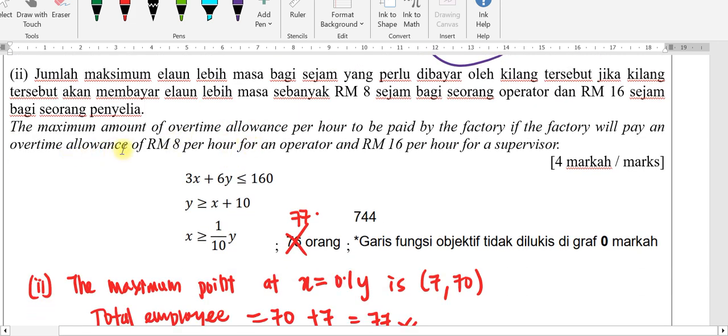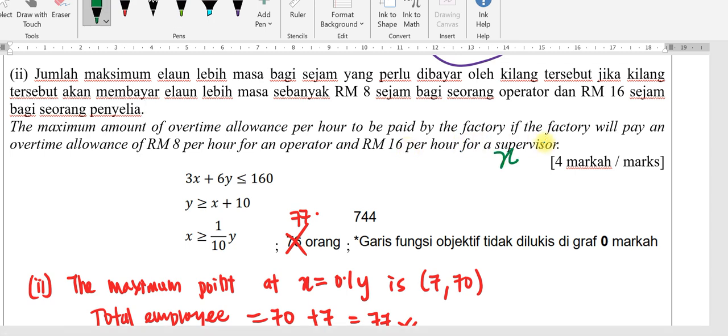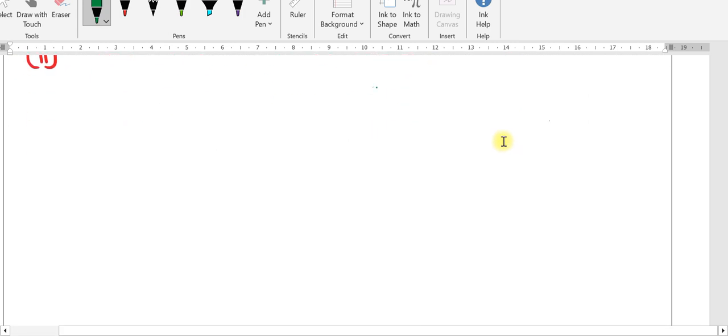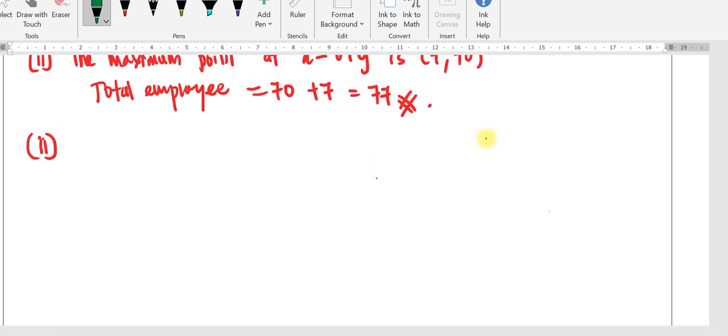Dia bagi operator is 8, supervisor is 16 lah. Supervisor is 16x, operator is Y. So jadi dia punya objective function adalah 16x plus 8y lah. Baru betul.